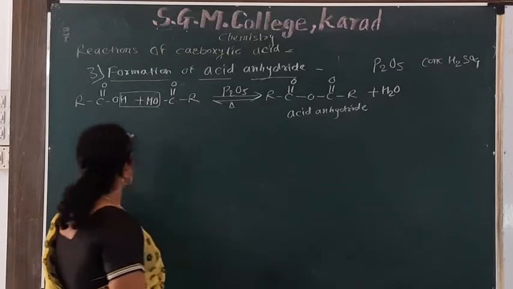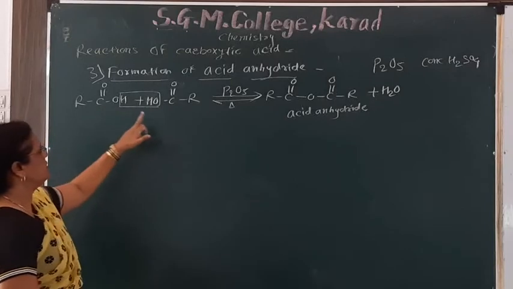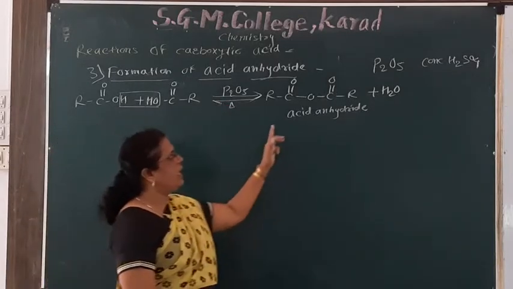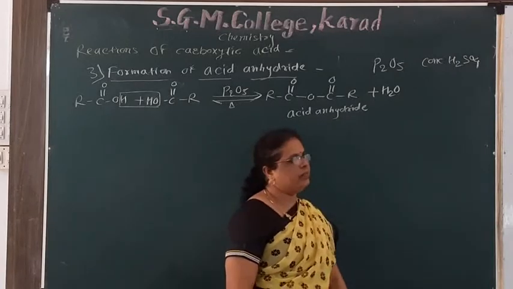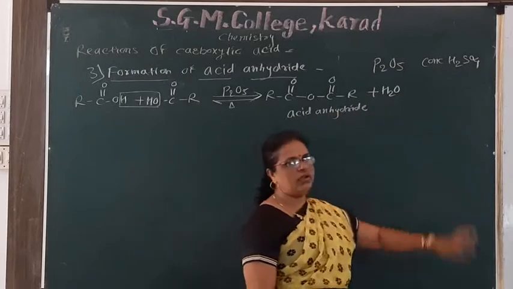Means here monocarboxylic acid reacts with each other, is heated with a dehydrating agent like P2O5, then we get acid anhydride. Here dehydration means removal of water molecule.